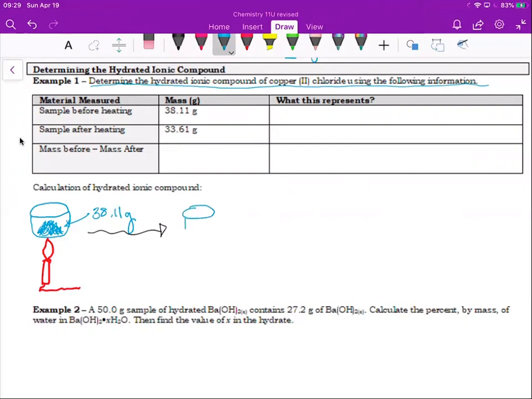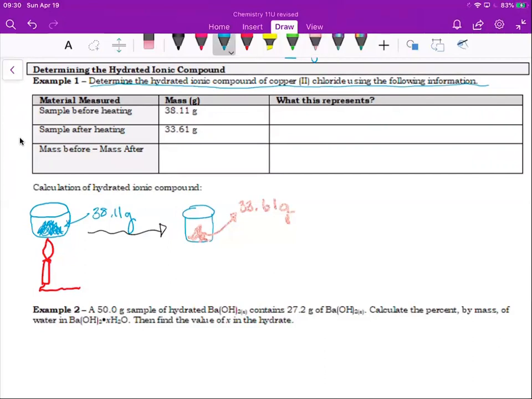Afterwards, it changes color a little bit. Let's say it goes to this gray color. The mass of the sample after you've heated it is 33.61 grams. So think about what is going on.